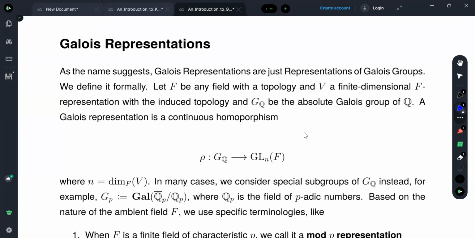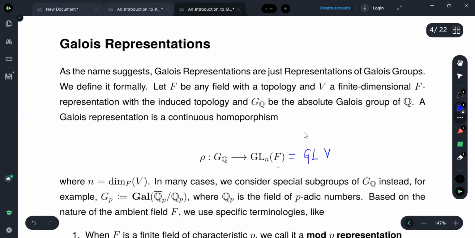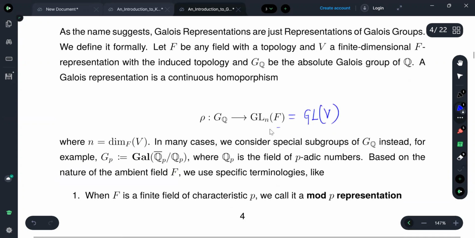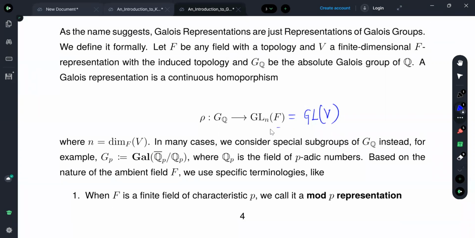Then the vector space gets a natural topology from the topology of F, and GQ is equipped with the Krull topology. Then a Galois representation is just a continuous homomorphism from GQ to GL_n(F), which is also the same as GL(V), since the dimension of V as a vector space is n, so this is isomorphic to GL_n(F).